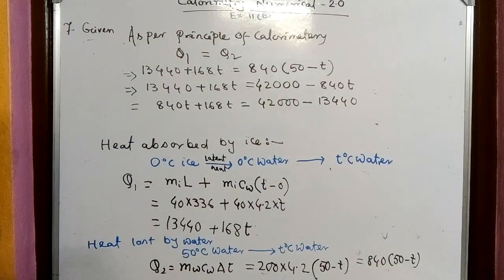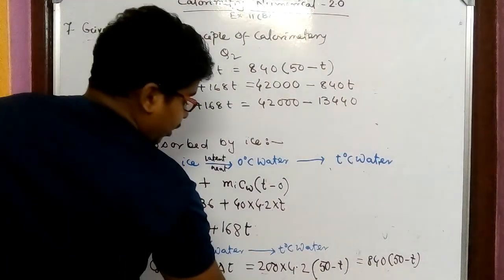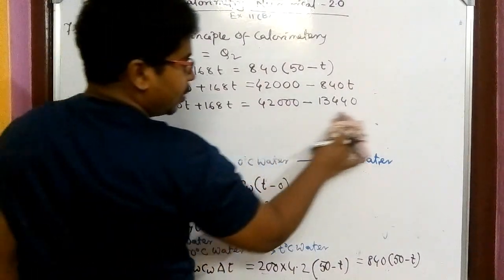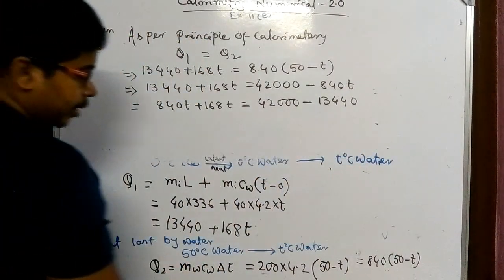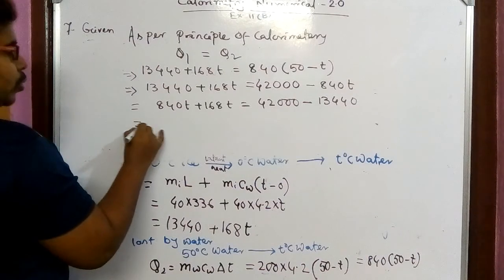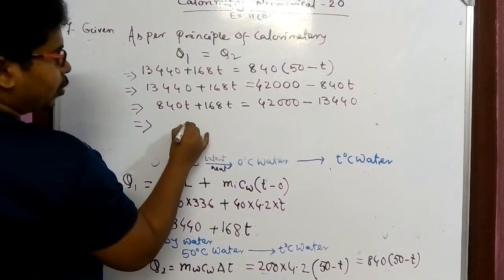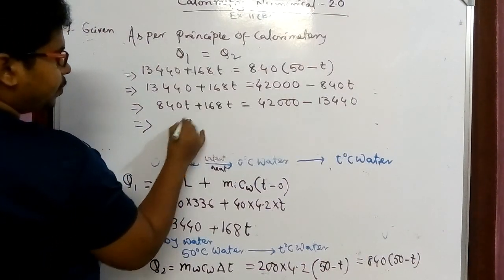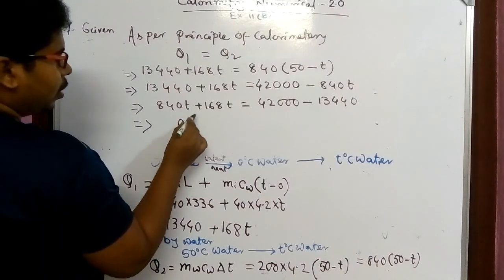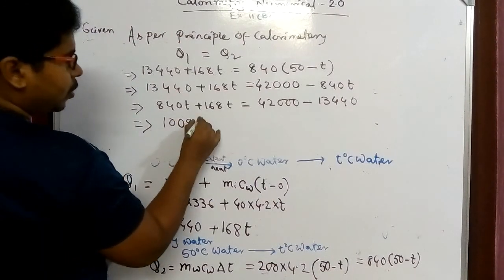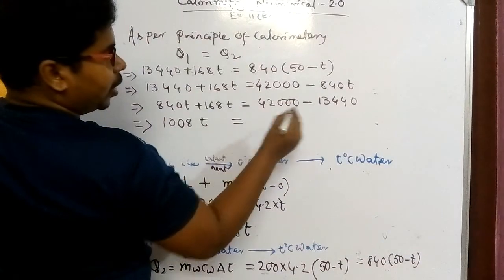Okay, you have to do it. Here I have done it several times, so I can write directly the answer, but you have to do it by the step-by-step process. So 8, 0 and 1 0, this much of T, and here it will come.